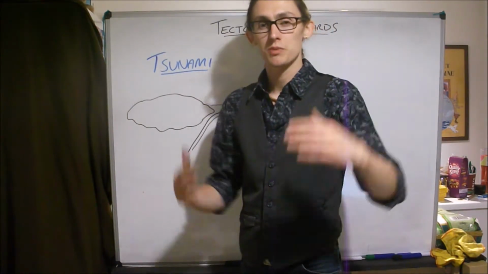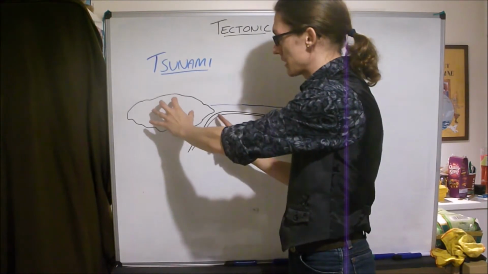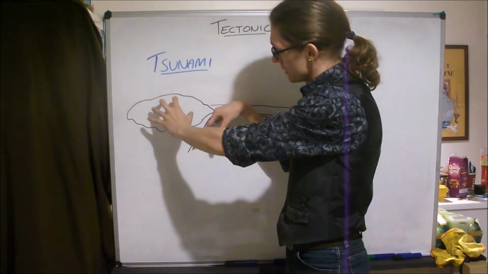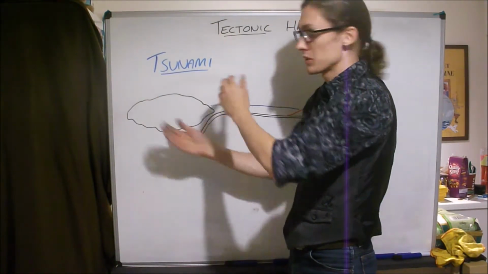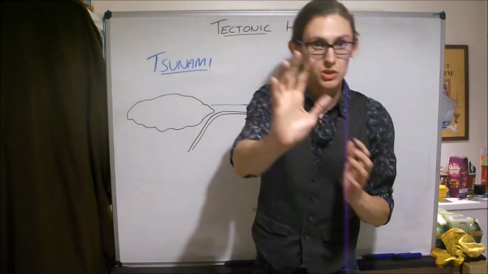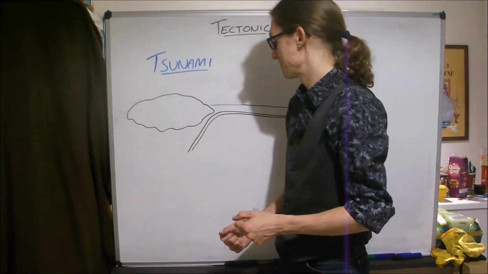When we're talking about land displacement, it's where, say in an earthquake, you've got a continental plate and an oceanic plate, and the subduction leads to the plates jerking past each other, and it displaces the land, moves it into the water and creates a pulse. A volcano or a landslide could do the same thing.